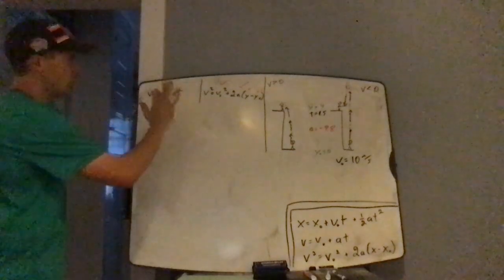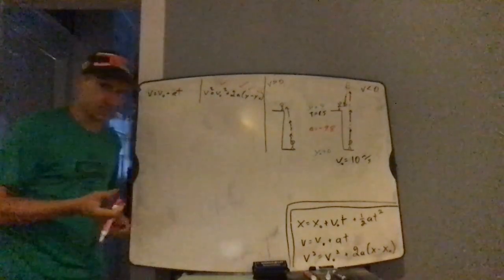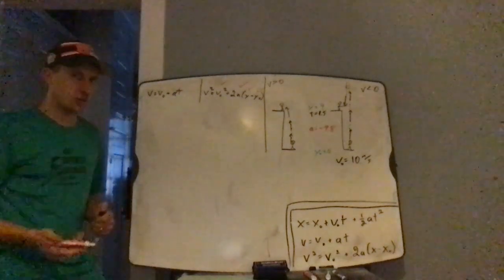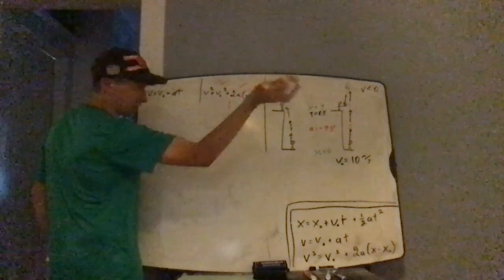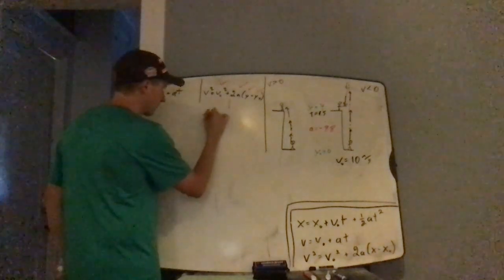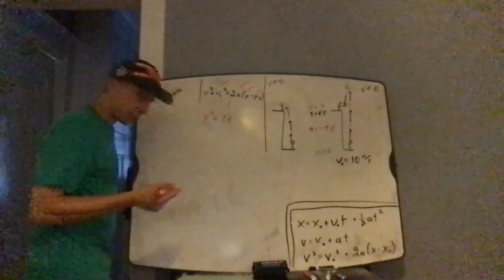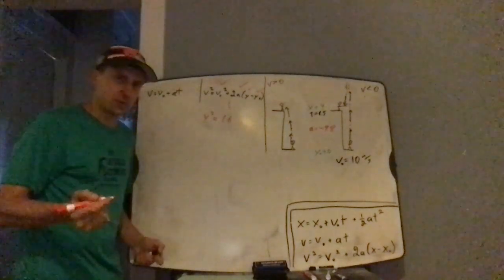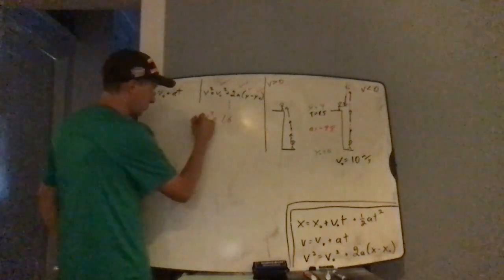Now, I don't know what the final velocity of the keys is going to be because we haven't solved this yet. But let's say we plug numbers into this equation, we do some math, and we find v squared is equal to 16. Well, when I say v squared is equal to 16, then I would want to solve for final velocity.